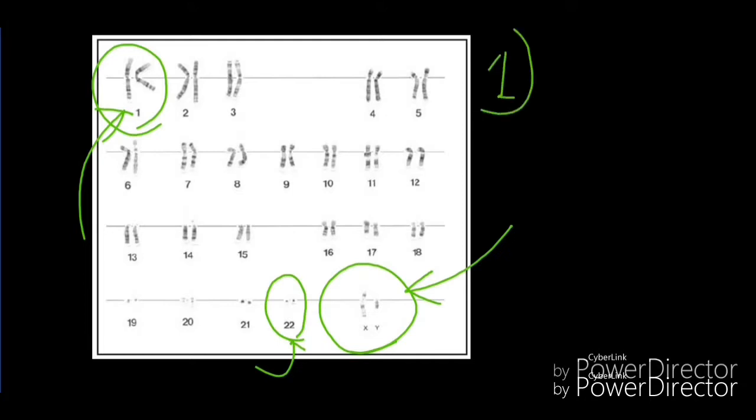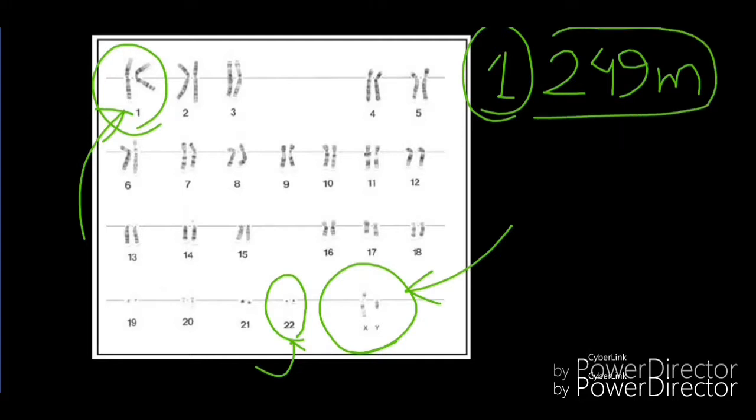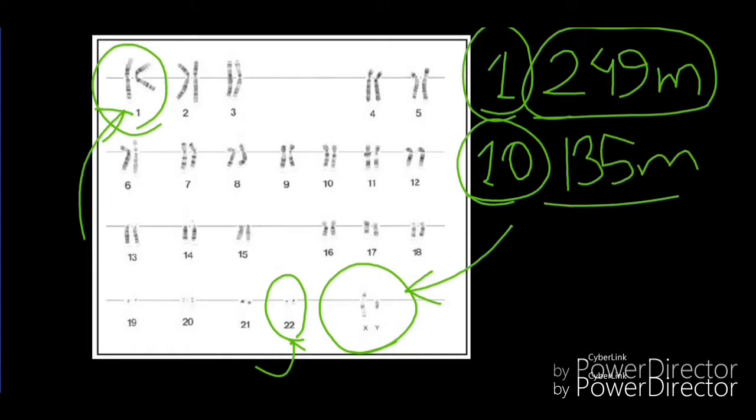The first chromosome contains 249 million DNA base pairs, whereas the 10th chromosome contains only 135 million DNA base pairs, and it becomes very little at last.